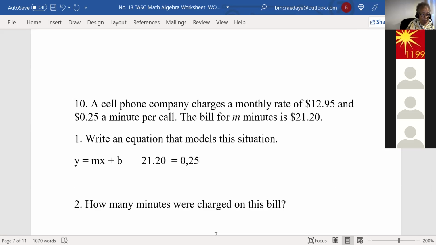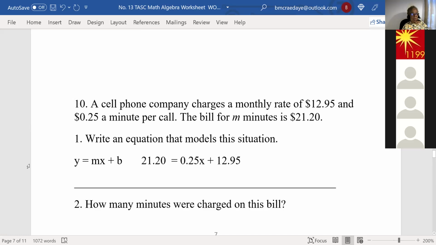That's the rate of change. So that would be 0.25, times, that's a minute per call, times X. And plus the monthly rate, and that's our $12.95.